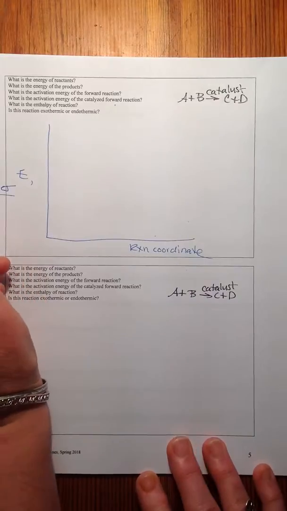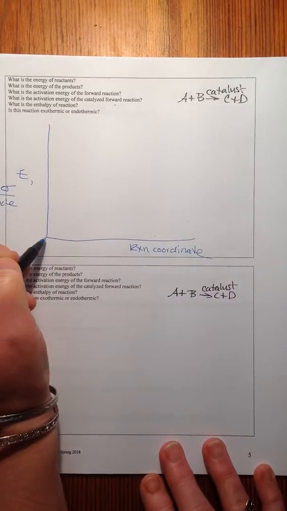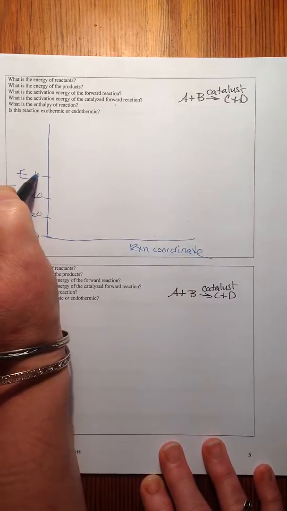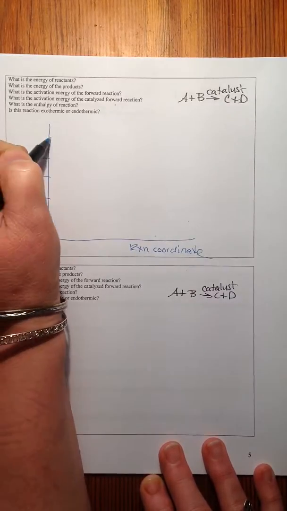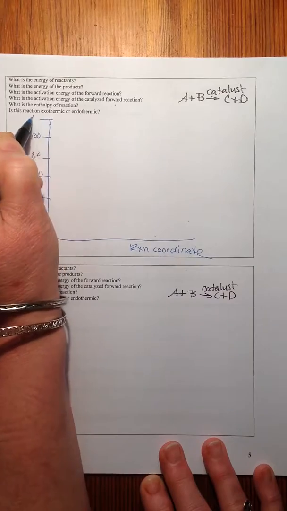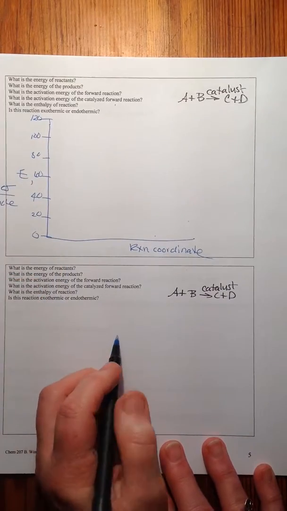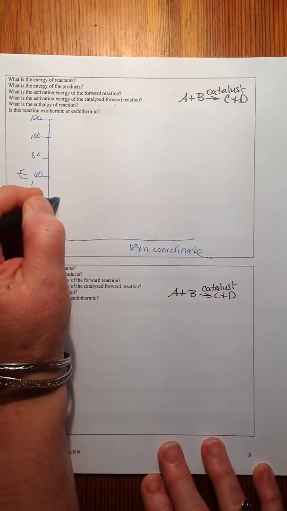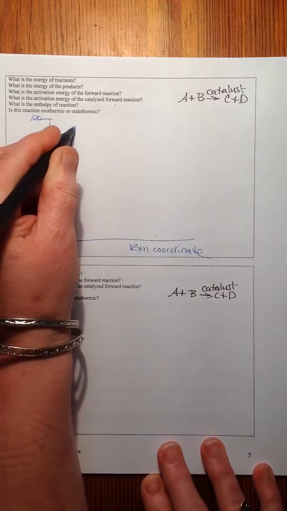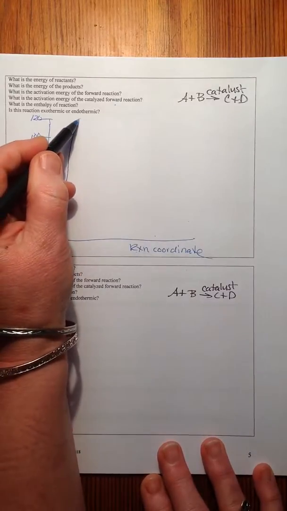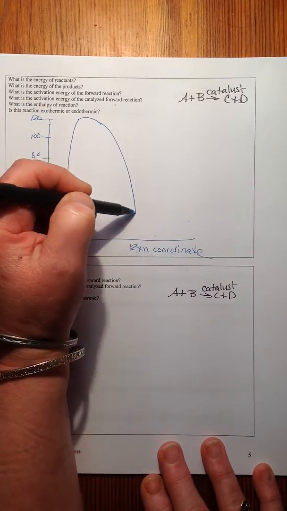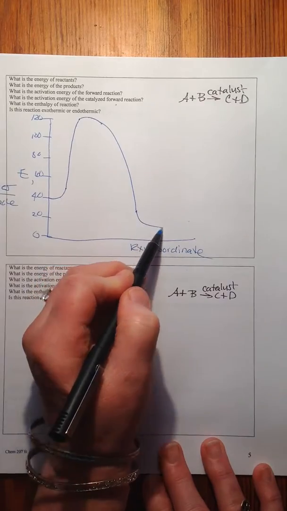Let's say kilojoules per mole: 0, 20, 40, 60, 80, 100, 120. Let's say our reactants start at 40 and our activated complex goes all the way up to 120, and our products come all the way down here to 20.